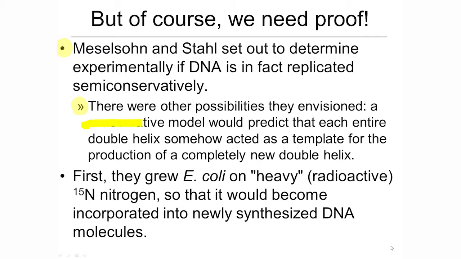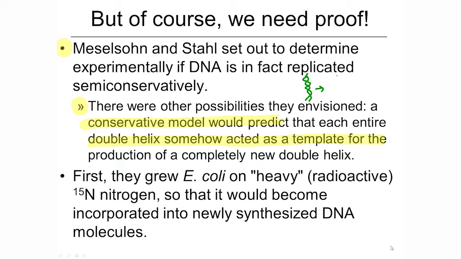In other words, there was a conservative model, and they totally considered that this could be the fact of the matter, where somehow each entire double helix acted as a template for the creation of a completely new double helix. If we did that based on colors, I'm not able to draw a double helix in a really expert fashion, but for semi-conservative, we're using colors to keep track of the old.